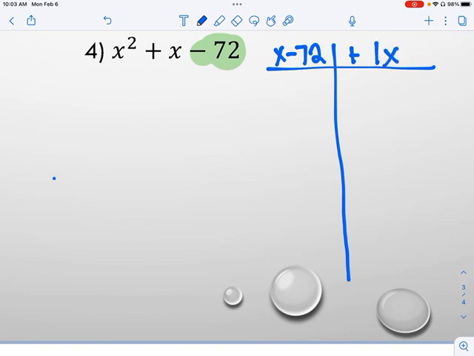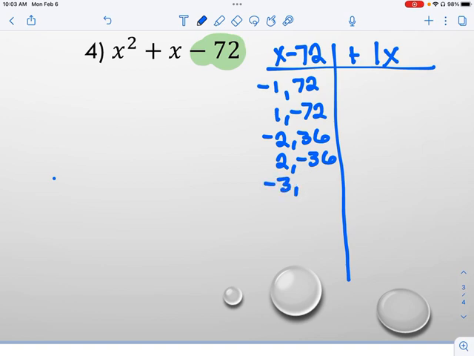Okay, so I have negative 1 and 72, or 1 and negative 72. I have negative 2 and 36, or 2 and negative 36. I have negative 3 and 24, or 3 and negative 24.